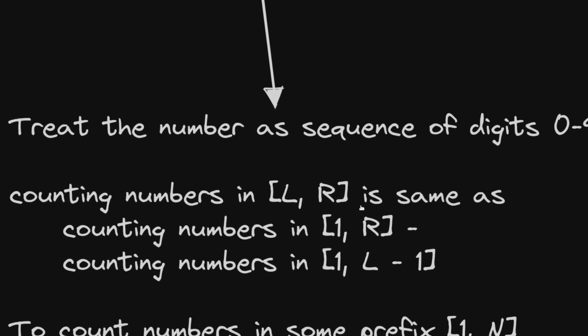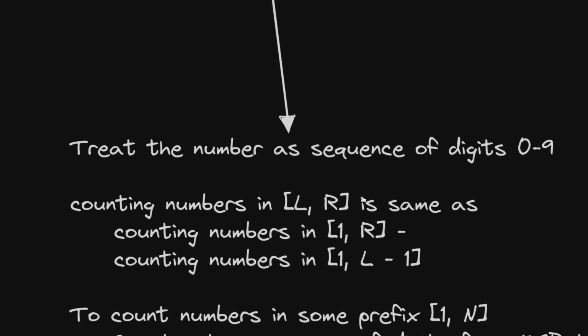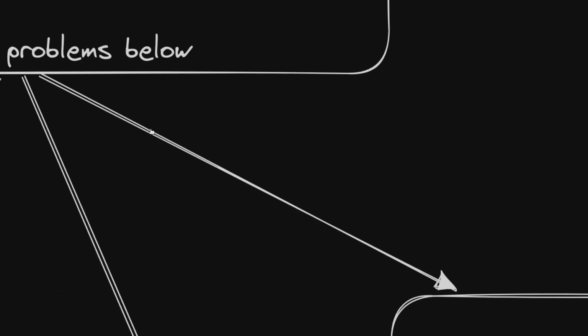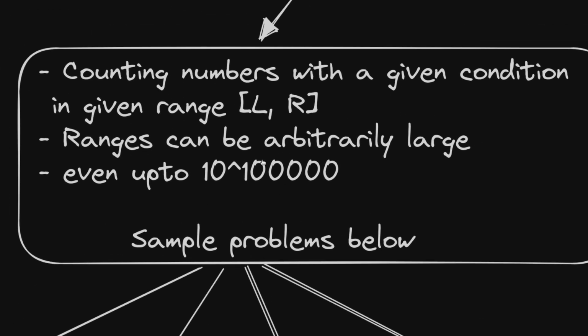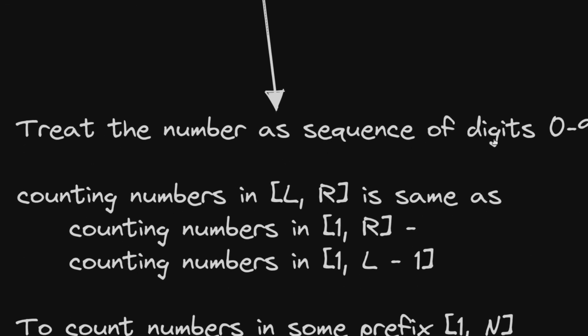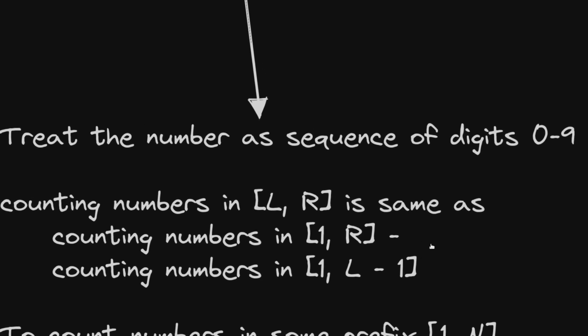Any number can obviously be treated as a sequence of digits from 0 to 9, and this sequence in our problem statement can have length up to 10 raised to 5, as we saw. This length is the power of 10 present here. So the length of those numbers could be very large, so we need to treat them as a sequence of digits.